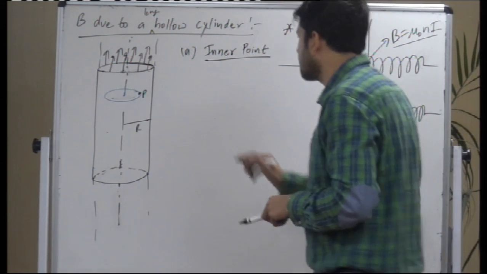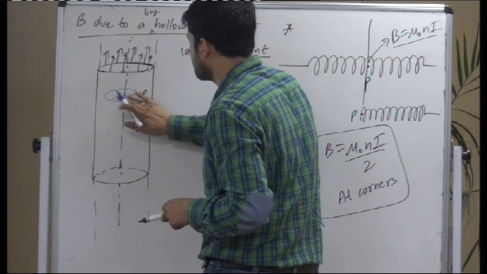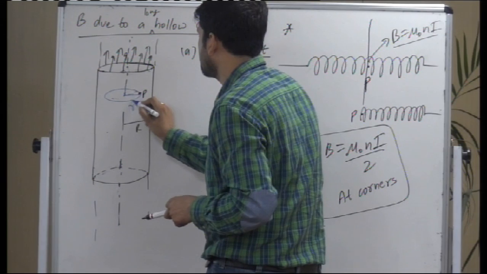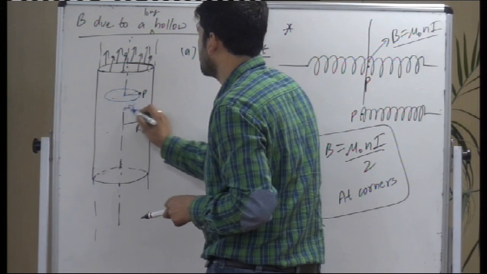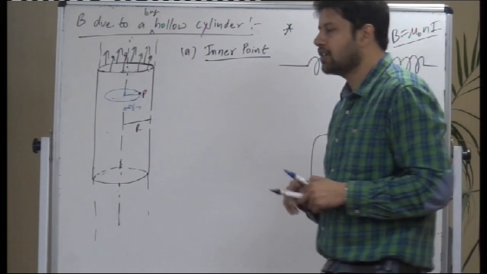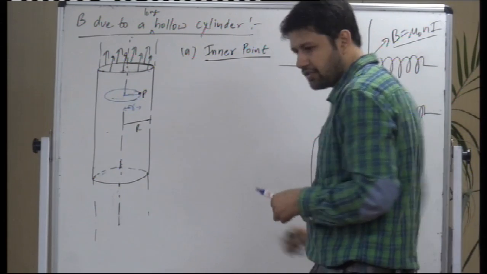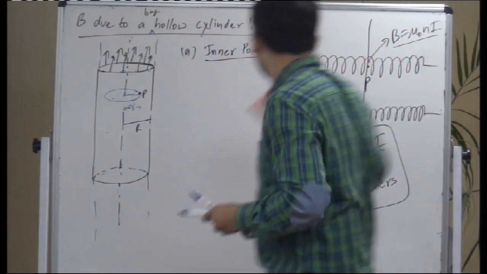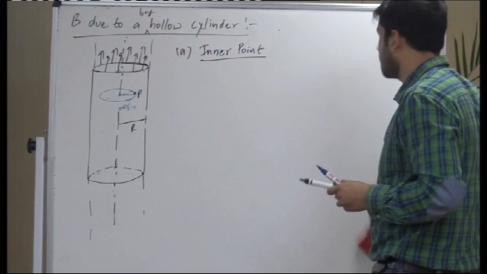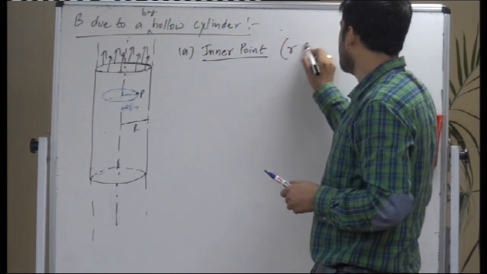Let's say the distance from the axis is r. So we have a point P at a distance r, with the condition that r is less than capital R.